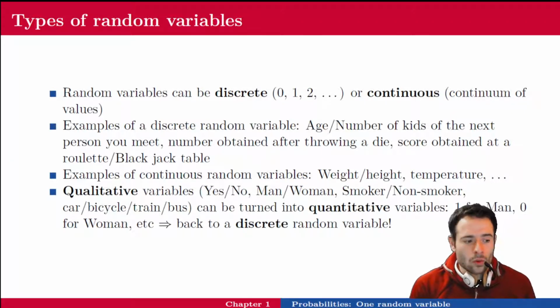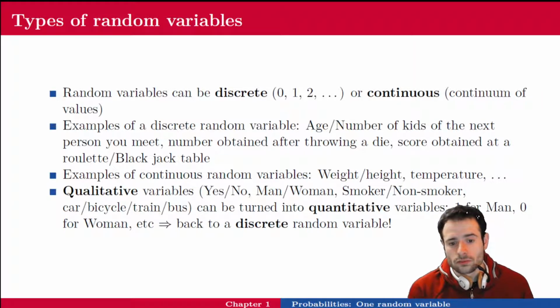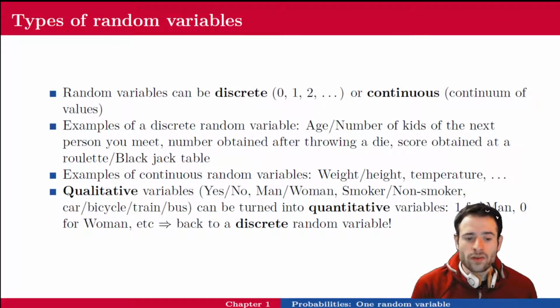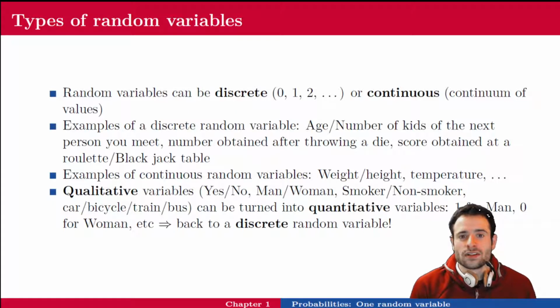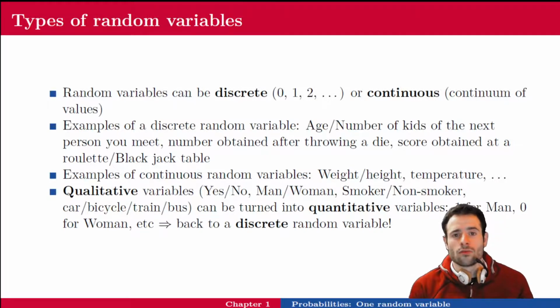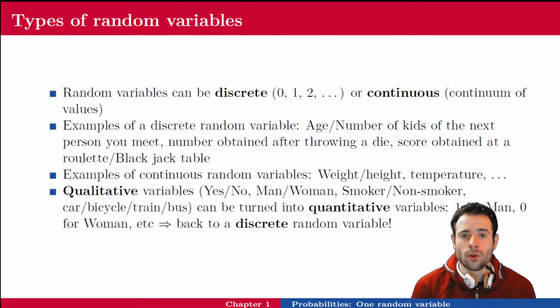Now, we also distinguish qualitative variables and quantitative variables. Qualitative variables are, as the name suggests, qualitative. They are not about numbers, they are about characteristics. For instance, I could ask you, do you like tea? Some of you might say yes, some of you might say no. This is a random variable. The taste of people is random.